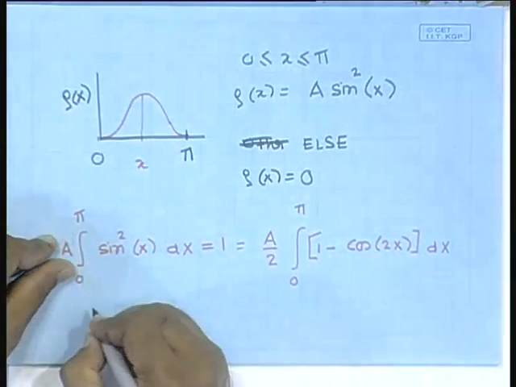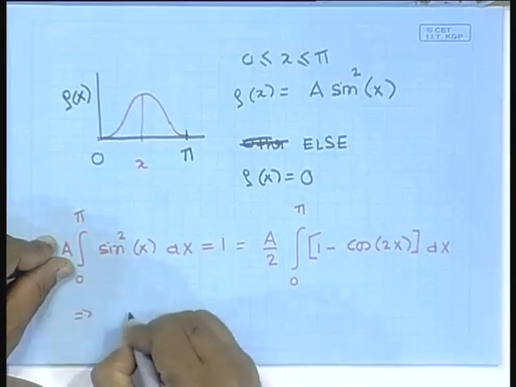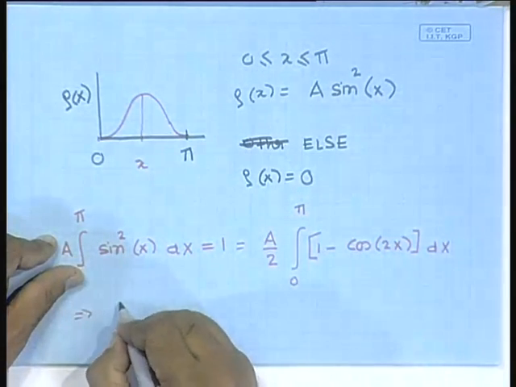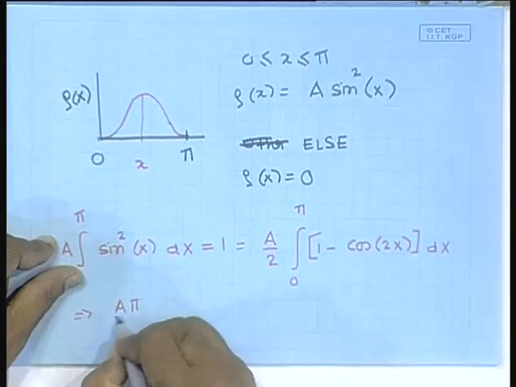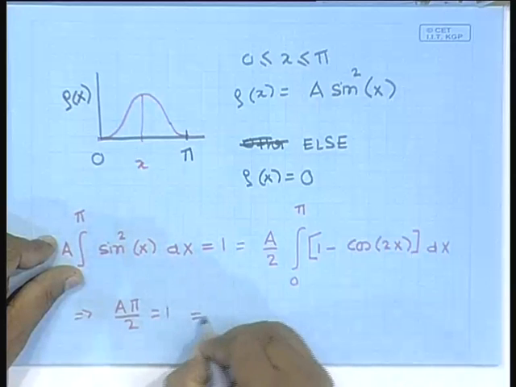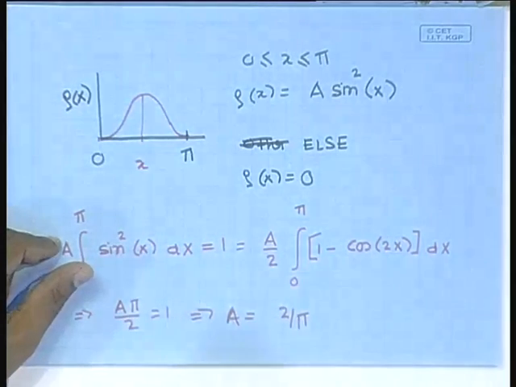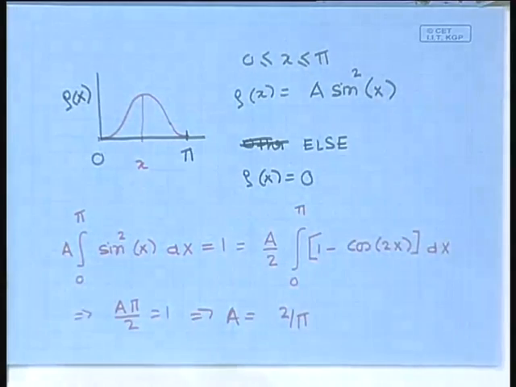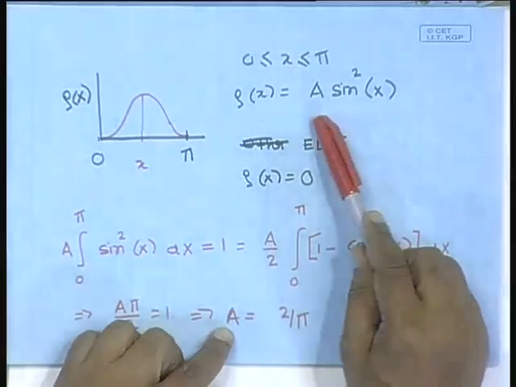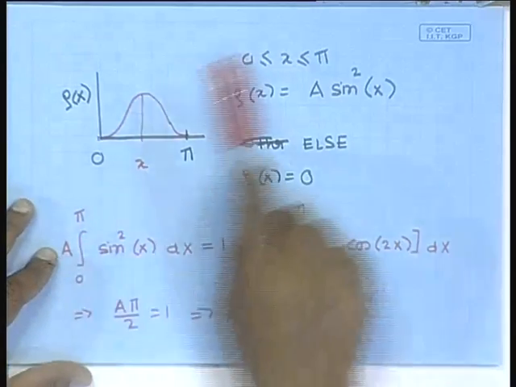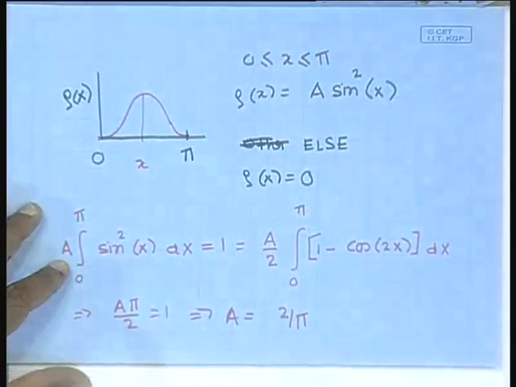When you integrate 1 from 0 to pi, you get pi. So a pi by 2 is equal to 1, or a is equal to 2 by pi. So you have normalized the probability density and determined the value of the amplitude a is 2 by pi. So this gives us the normalized probability density.